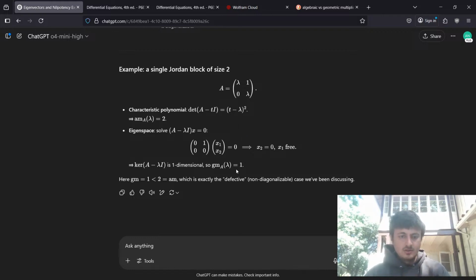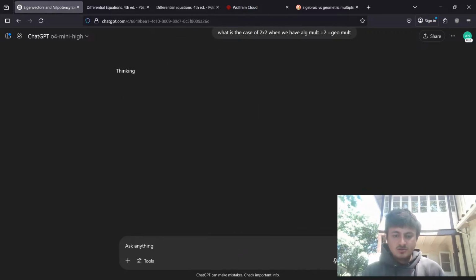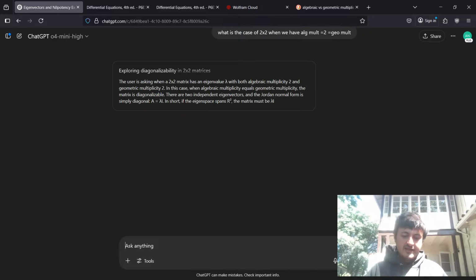Okay, so what is the case of 2 by 2 when we have algebraic multiplicity equals 2 equals geometric multiplicity? So we have a 2-dimensional eigenspace and it has algebraic multiplicity 2.